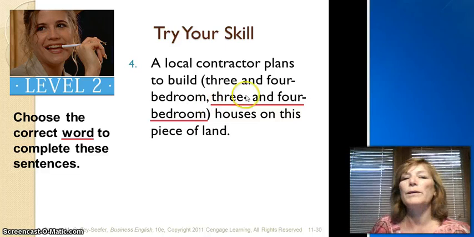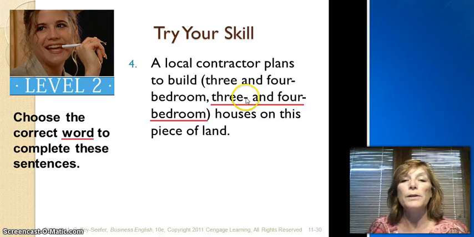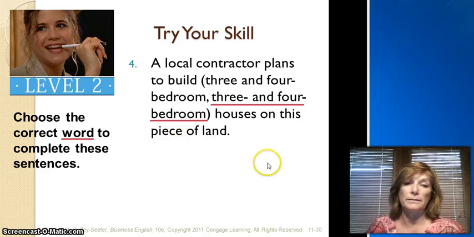Now, when you have this type of situation, you need to put the hyphen after 3 and then the hyphen after 4 because they're both bedrooms, 3 bedrooms and 4 bedrooms.